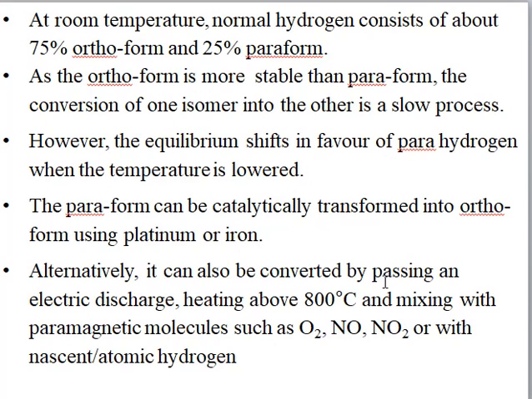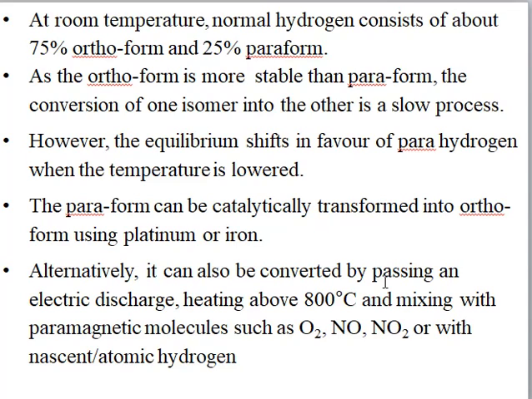So now let us see the composition of that. If you take the room temperature, 75% of the hydrogen molecules have the spin in the same direction, that is called the 75% ortho form, and the remaining 25% will be the para form. As the ortho form is more stable than the para form, the conversion of one isomer into the other isomer is a slow process.